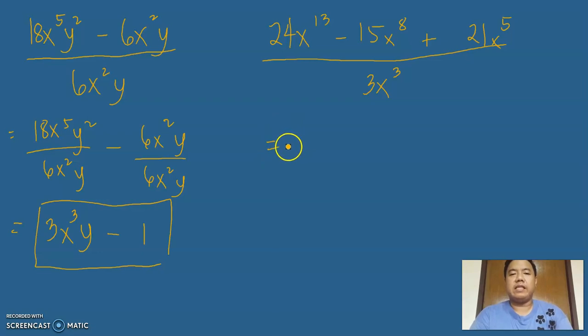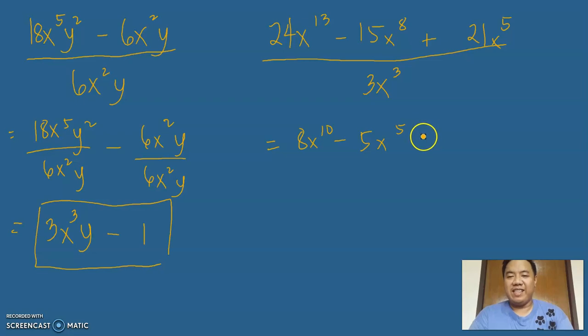So 24x raised to 13 divided by 3x cubed, that will give us an answer of 8x raised to 10. Very good. So nakuha po ba yan? How about the other one? It's minus 15x raised to 8 divided by 3x raised to 3. So that is 5x raised to 5.